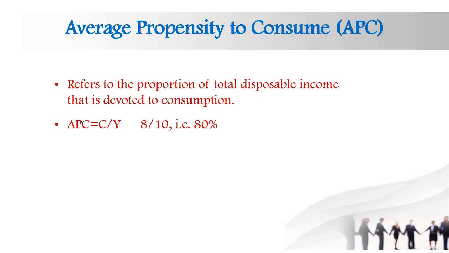Symbolically, APC is equal to C by Y. For example, if the aggregate income of a community is estimated as rupees 10 billion and the aggregate expenditure on consumption is rupees 8 billion, then 8 by 10, that is 80%, is the average propensity to consume.